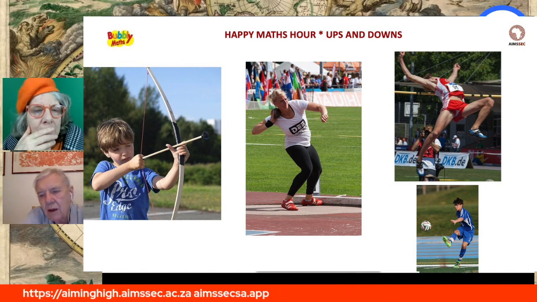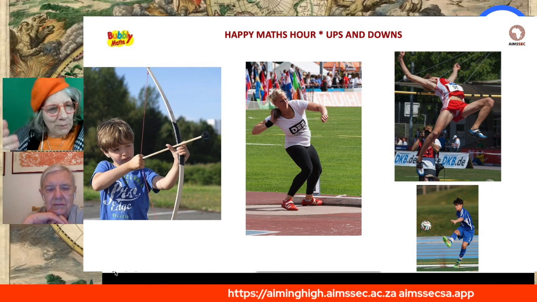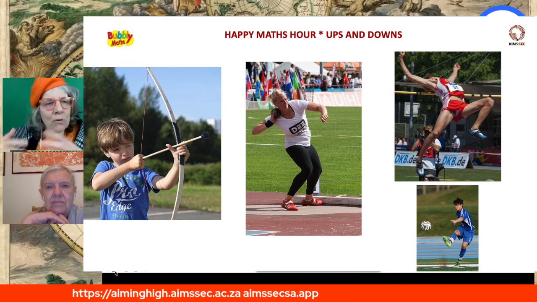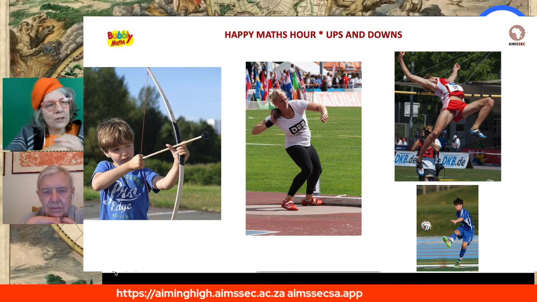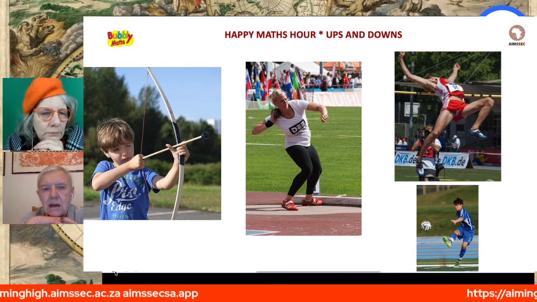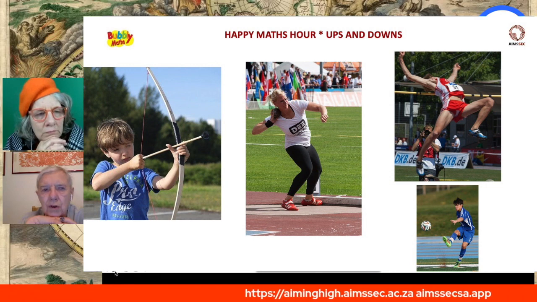And then the man who's kicking the ball, I wonder if he's kicking at goal. Whether it's a human being, a missile, or a ball, or a book, if you throw it, as soon as it's released, it follows a parabolic path. And that motion has got two components to it.